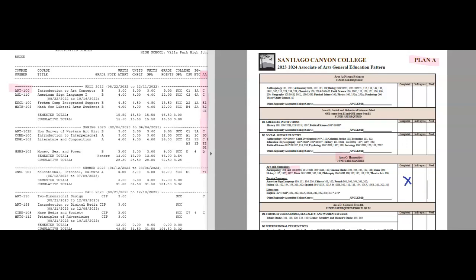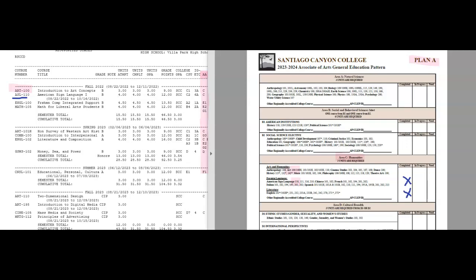Okay. Well, there's another class in Area C that the student took, ASL 110. If that's the case, I am going to have you put ASL 110 there also. It's right there. I will have you mark it again in this area. So that means you took 2 classes in this area.